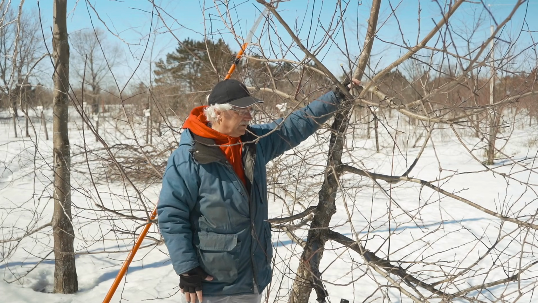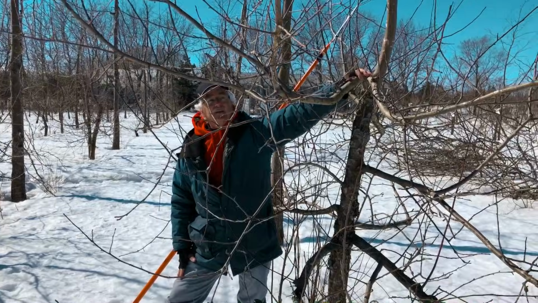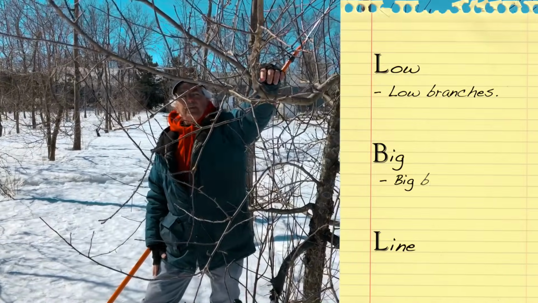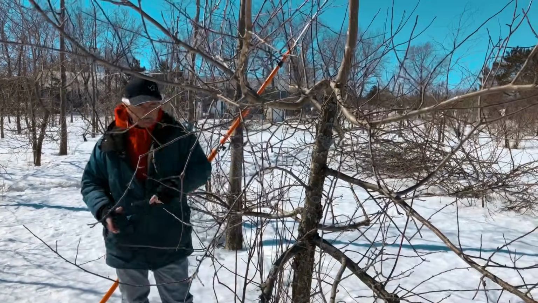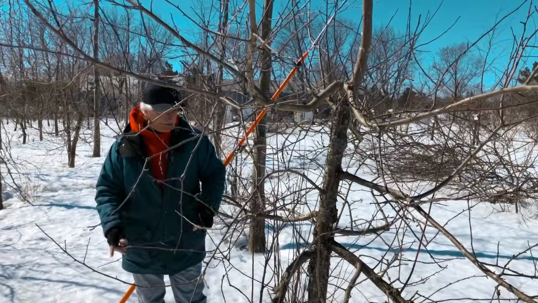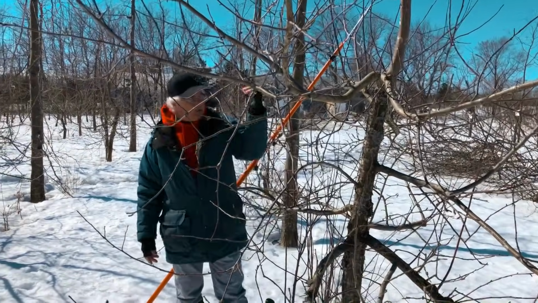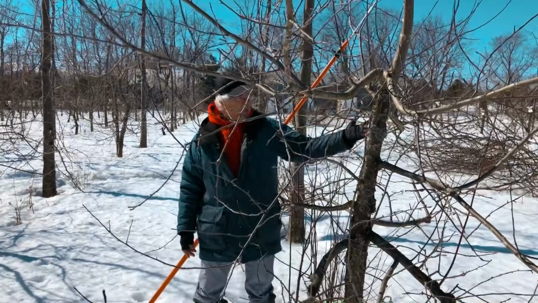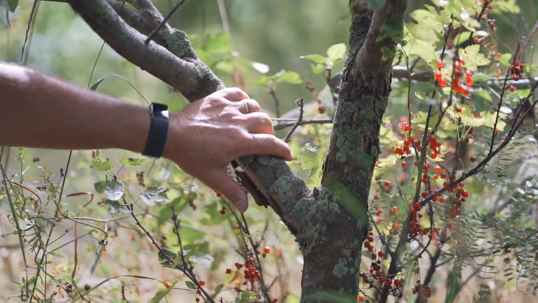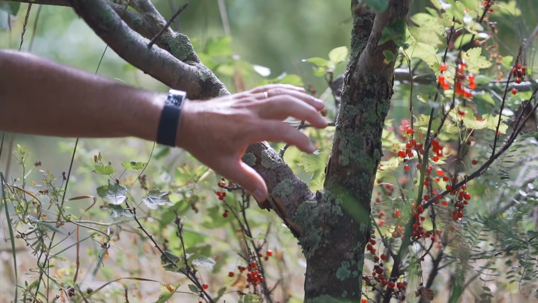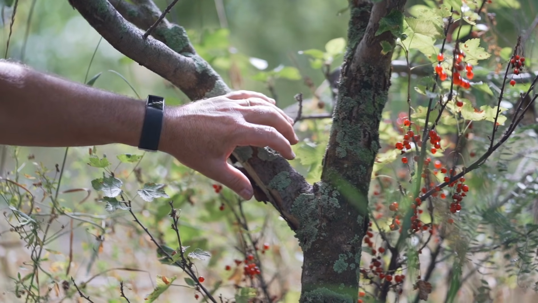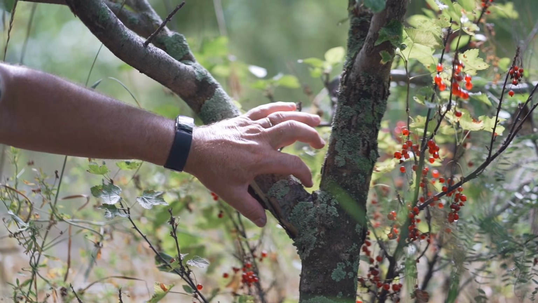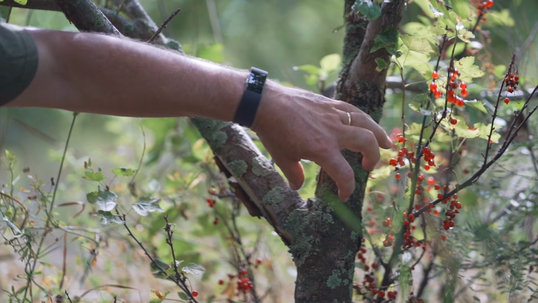That's low. What was B for? B was big branches. How do you know if a branch is big or not? You look where the branch is attached. So take that one for example. The point of attachment and the diameter of that branch versus the trunk.